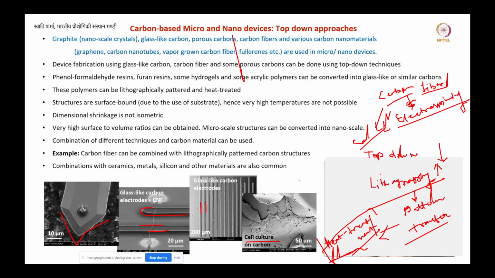That can be used for making an electrode, or for making a surface where you can grow your cells. You can expose your materials, and not just single materials; you can combine them with other materials, and they can be utilized for many more applications.